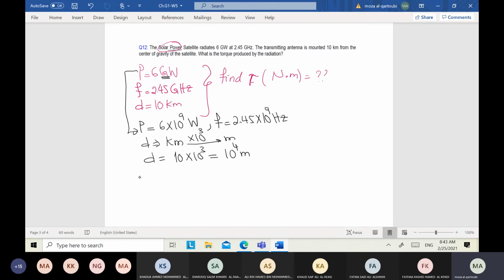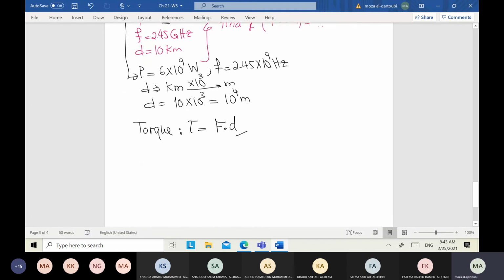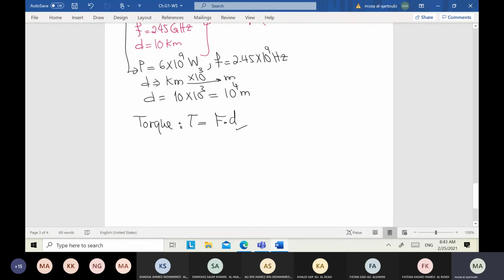So torque equals F times D, where F is the force and D is the distance given, D equals 10 to the power 4 meter. We should find F first. How do we find force? Force equals power over the velocity of light.